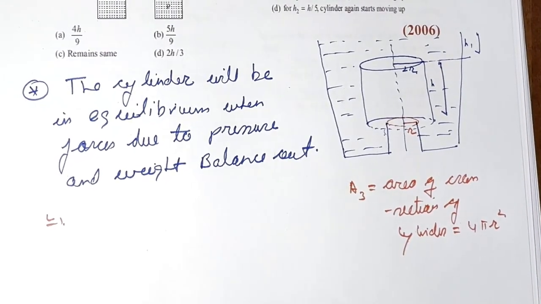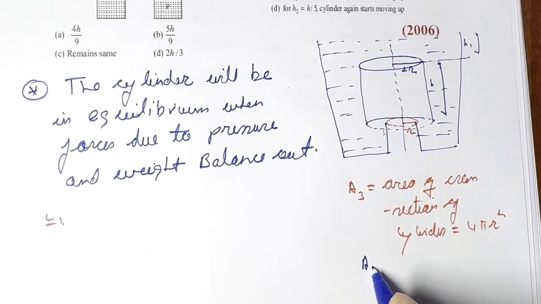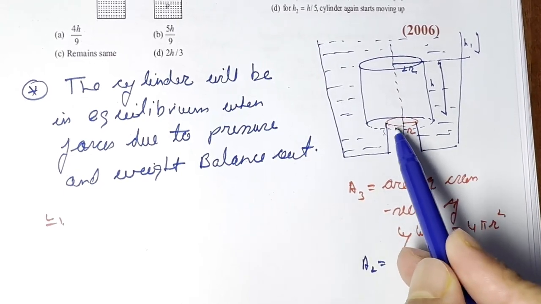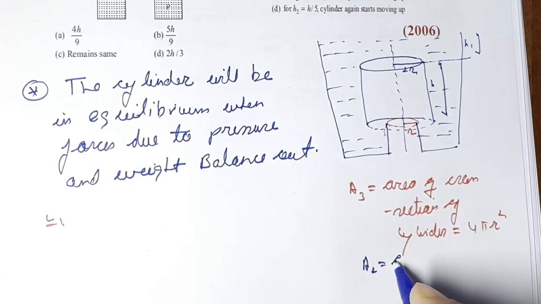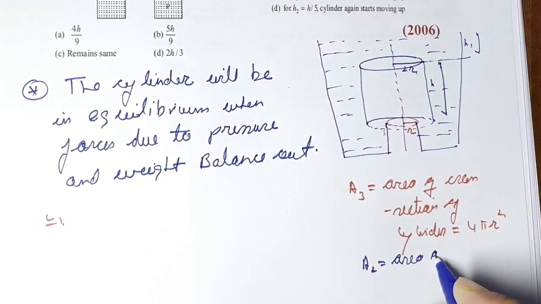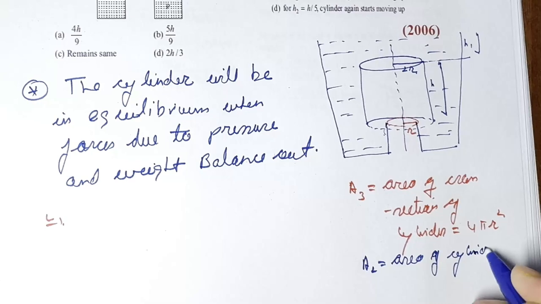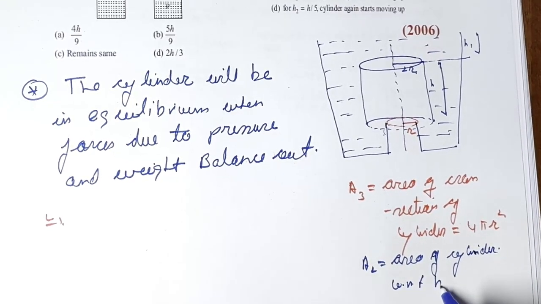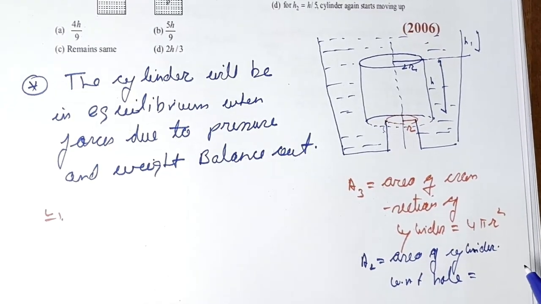Next let us find our A2. A2 we call the area associated with this particular hole for the cylinder. So we say area of cylinder with respect to hole, and that will be equal to pi r square.